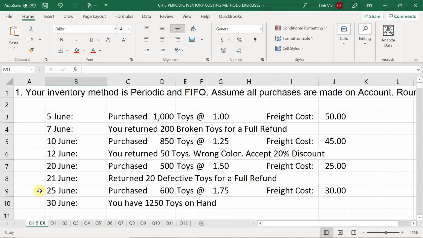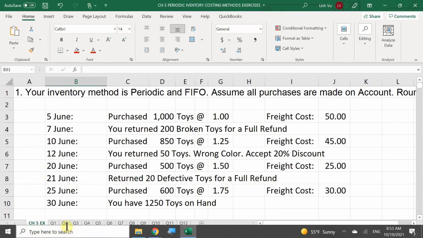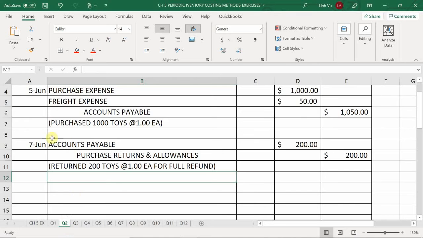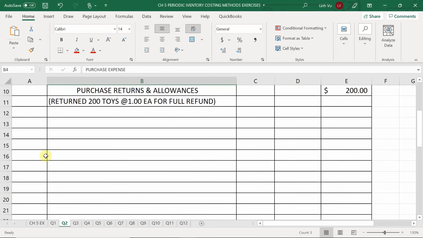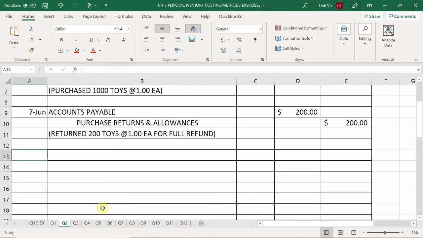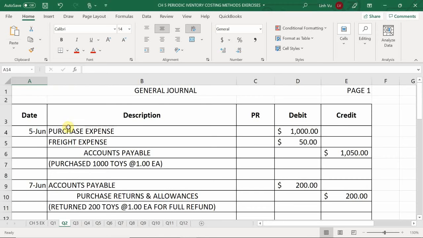Okay. So then on June 10, I end up purchasing 850 toys at $1.25 with a freight of $45. Okay. So again, let's journalize this. Okay, I purchased on June 10. I purchased 850 units at $1.25 with a freight of 45.